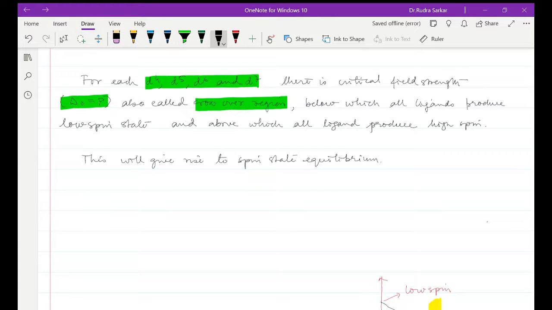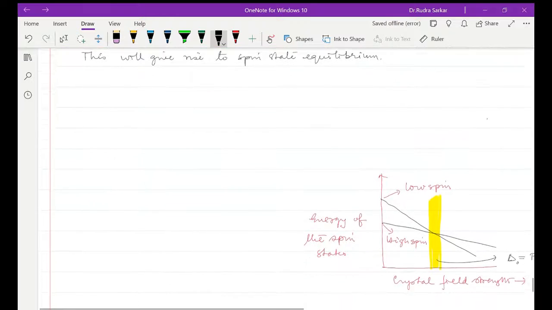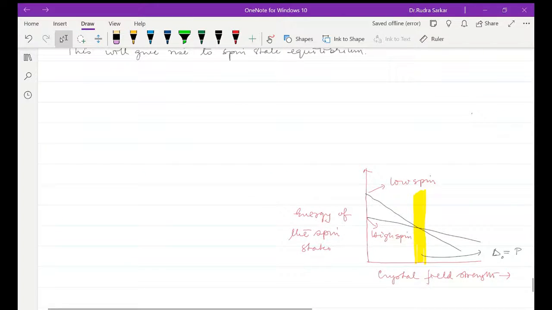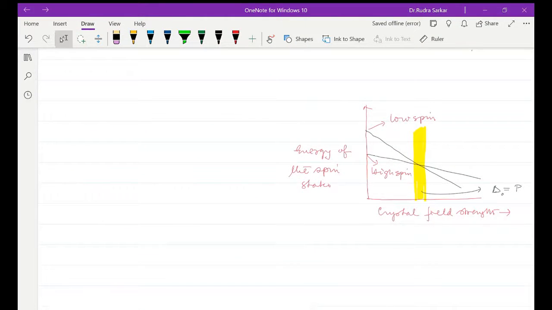Okay. So this means what? That the difference between the energies of the spin states is around a region which is known as the crossover region, which means this yellow line that we are seeing over here, the yellow marked region, this region, this is known as the crossover region.